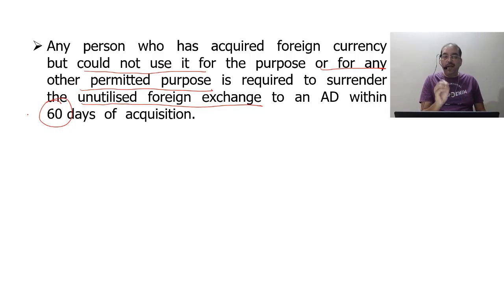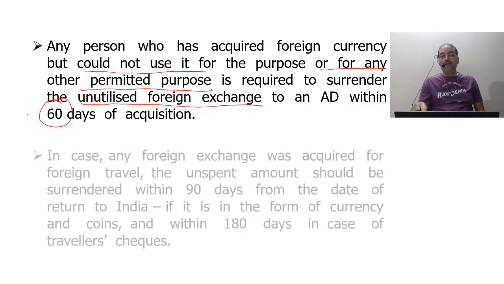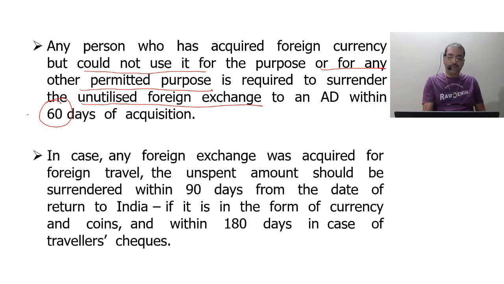Then I have got 180 days to surrender that amount to the authorized dealers. So if it is hard currency, cash, coins, then within 90 days of reaching India, I have to surrender this. If it is in the form of traveler's checks, then I have to surrender this within 180 days.